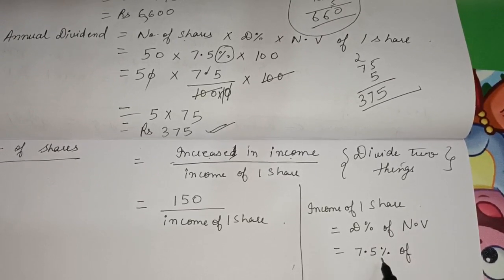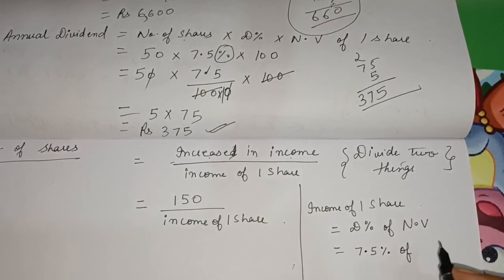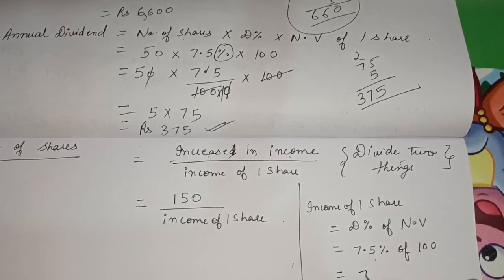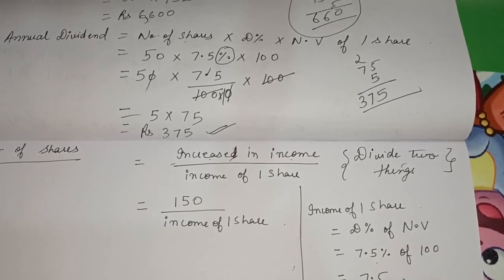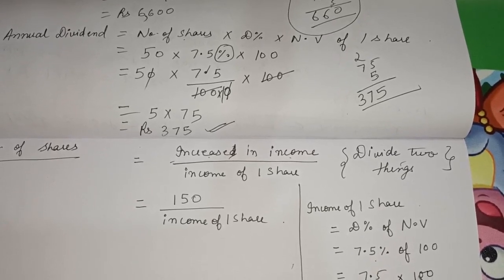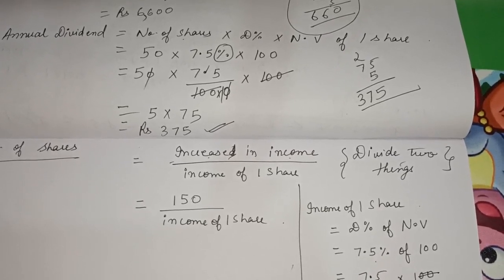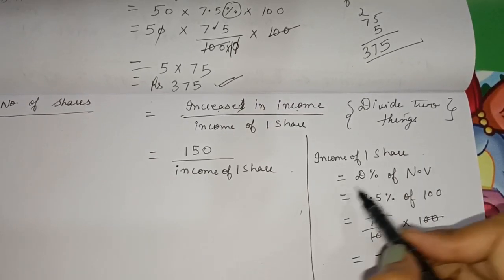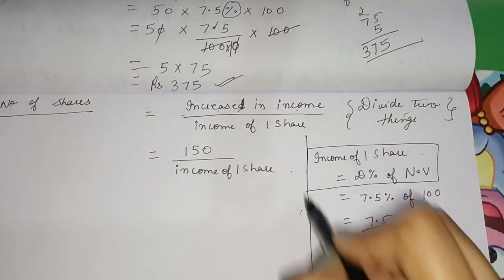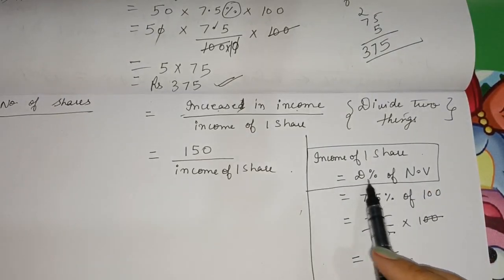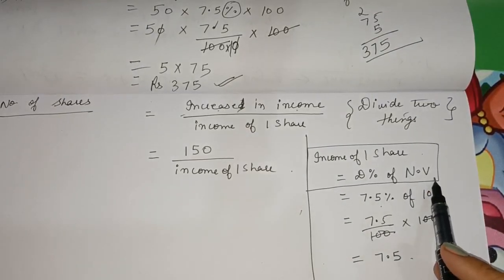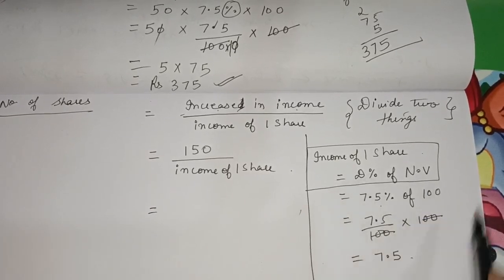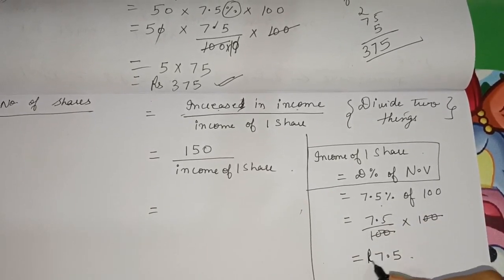So 7.5% of the nominal value, which is given to us as 100. So this will become 7.5 by 100 into 100. 100 and 100 will get cancelled. So 7.5. So income of one share we got. Anytime you have to find income or return or profit of one share, it is dividend percent of nominal value. Many times we have used this formula. So I have found income of one share is 7.5 rupees.